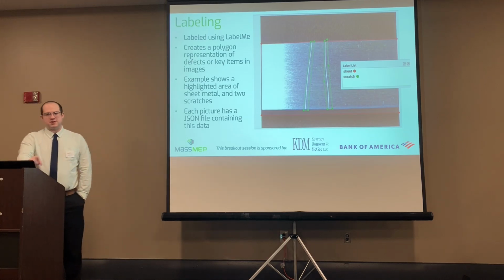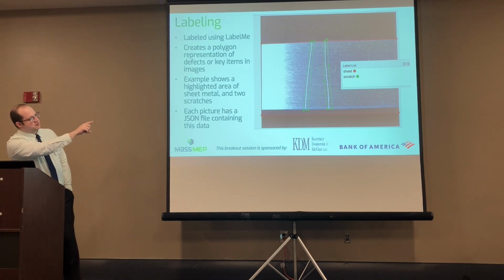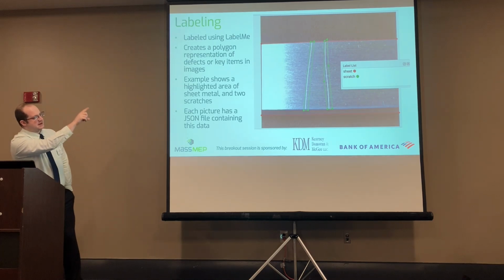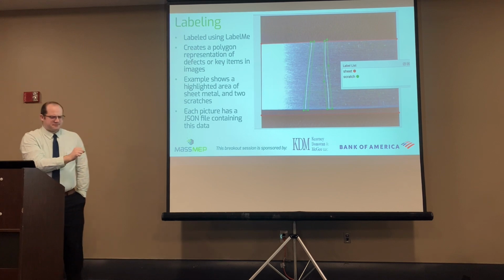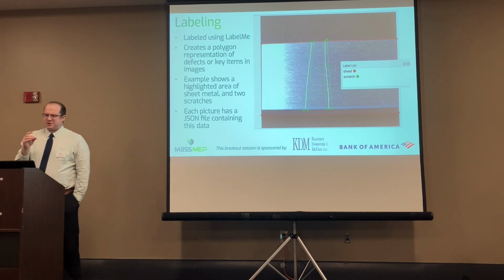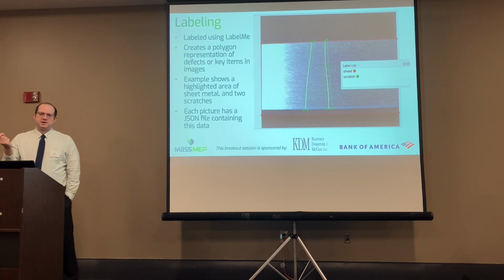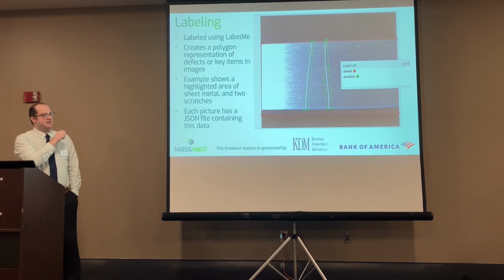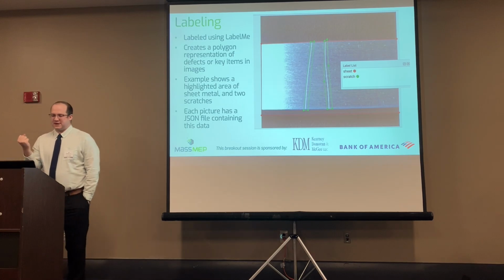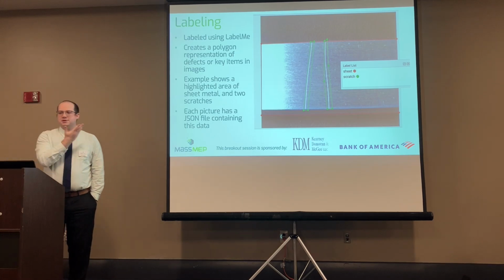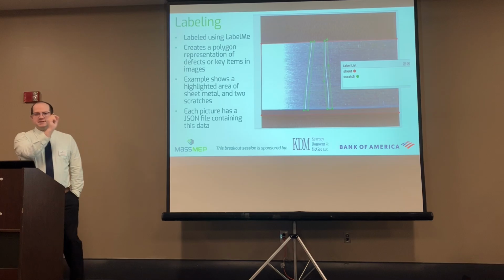These green lines represent two areas of scratches, nice and clear on this zoomed in, high contrast image. What this does is create a small text file that accompanies each image, and those two together are what's used to train the model. That's containing essentially the location, this point on an XY axis.